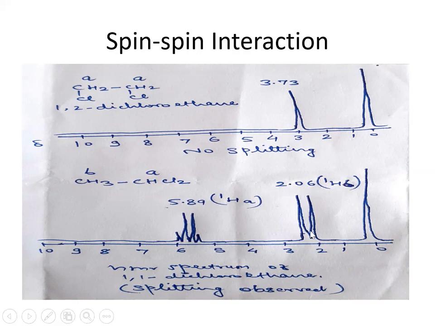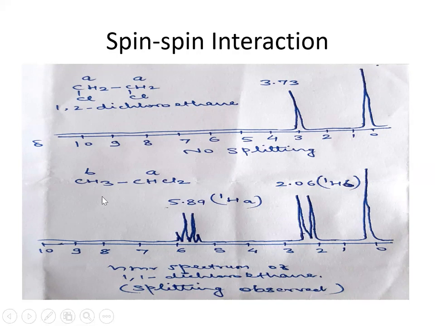It means slightly upfield, because these electronegative atoms are directly attached to this carbon atom but very far away from these protons. So the de-shielding effect caused by these electronegative atoms will be very less.